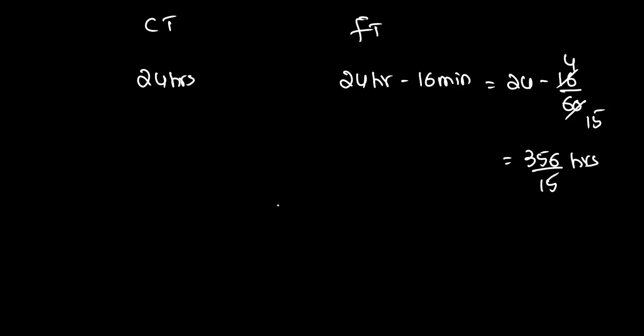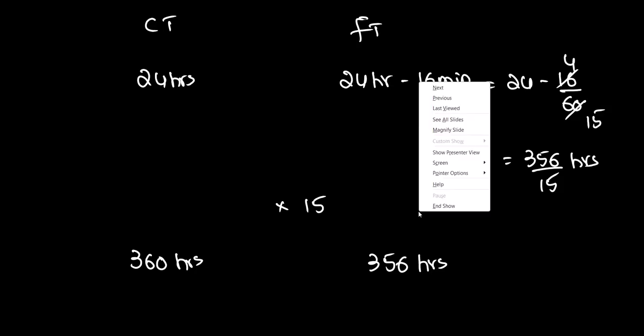Now multiply by 15 on both sides. This will be 360 hours, and this will be 356 hours. Guys, fall time 356. How much fall time traveled?